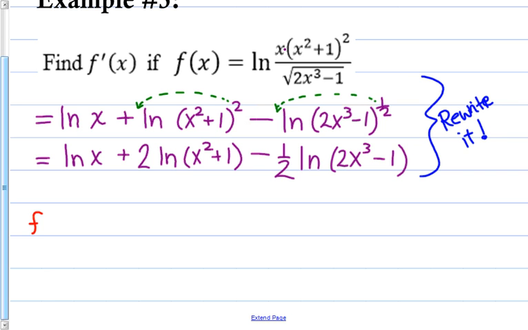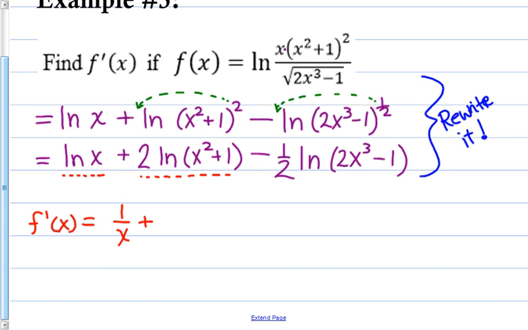So f prime of x equals, because notation is important, so I know what I'm looking at. Some of us are not very good at notation. So now I'm going to derive the natural log of x. The derivative of that is 1 over x. Plus, now I'm going to derive this.